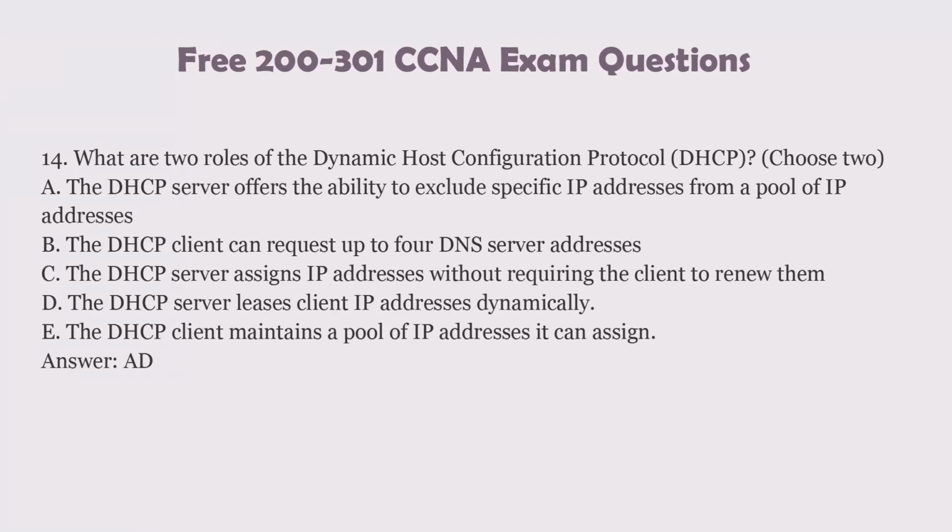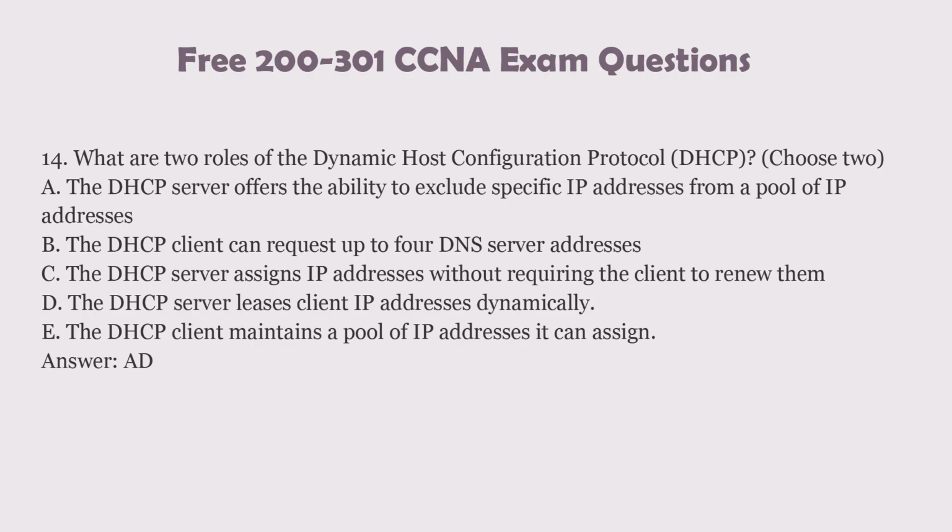14. What are two roles of the Dynamic Host Configuration Protocol, DHCP? Choose 2. A. The DHCP server offers the ability to exclude specific IP addresses from a pool of IP addresses. B. The DHCP client can request up to 4 DNS server addresses.